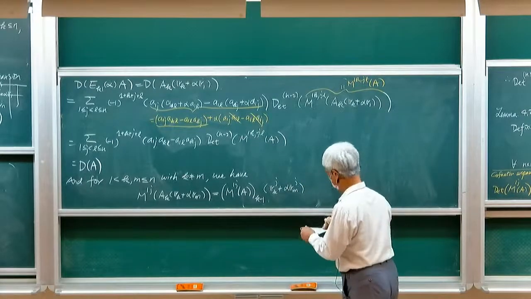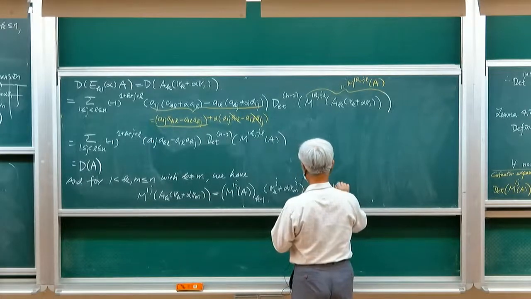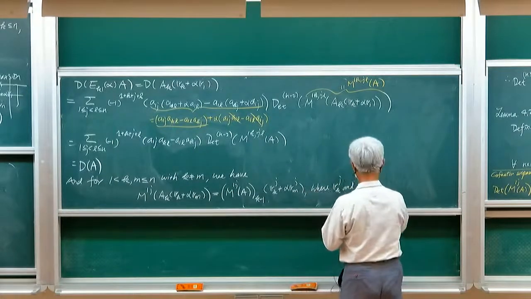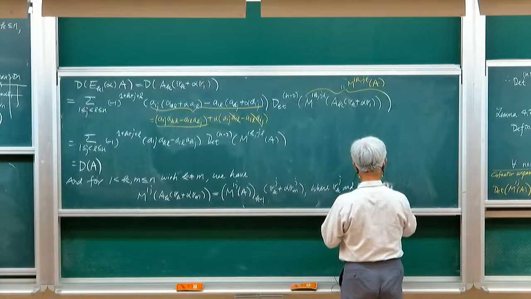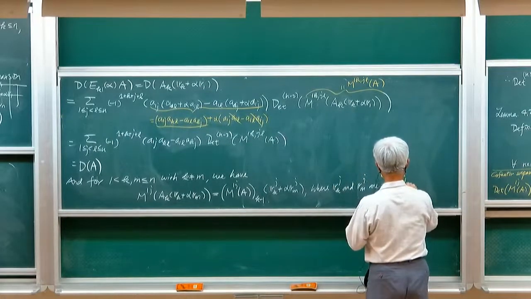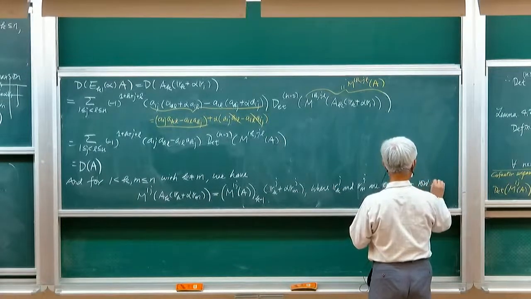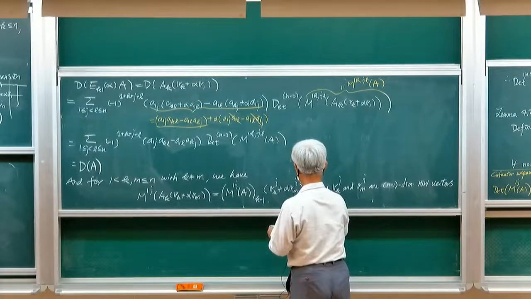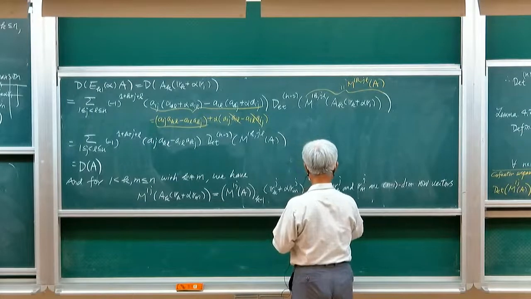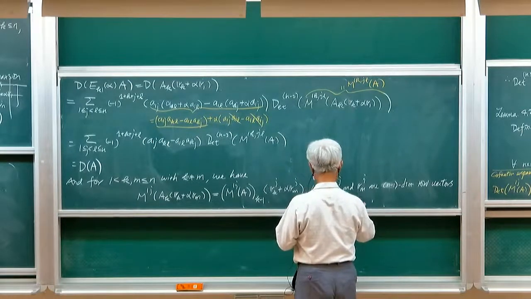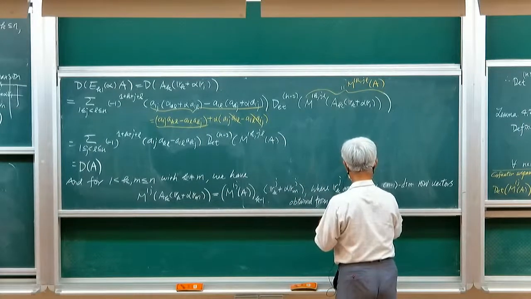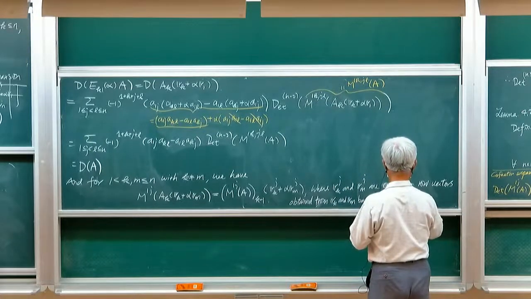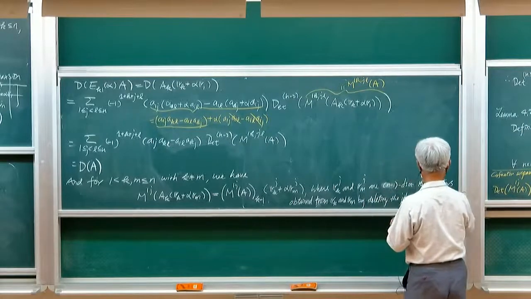Okay. Where RKJ and RMJ are M minus 1 dimensional row vectors obtained from RK and RM by deleting the J-th component respectively.